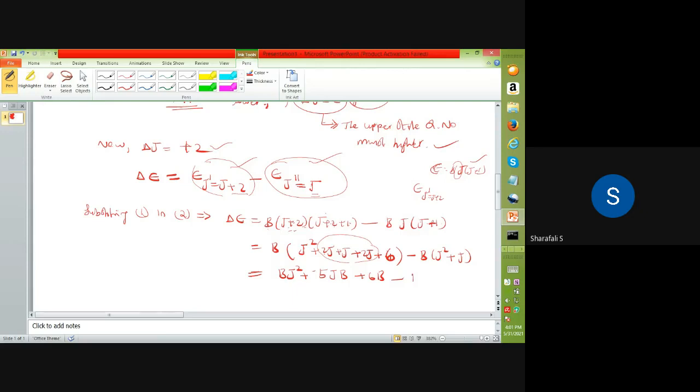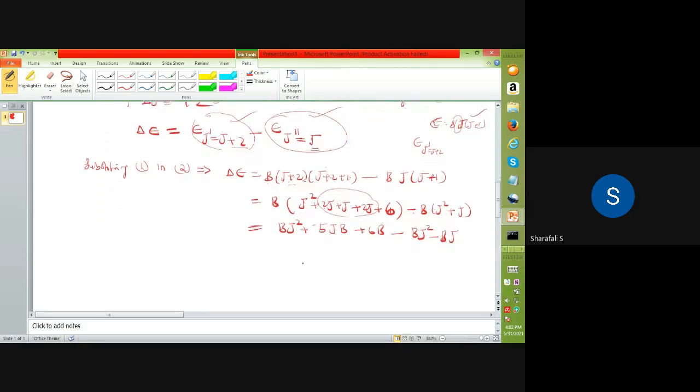Minus bj square minus, this one is minus j square. So now what will happen?